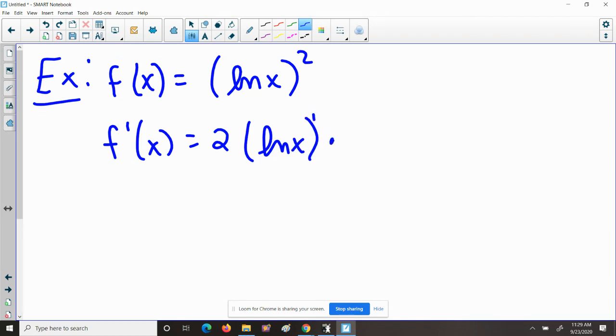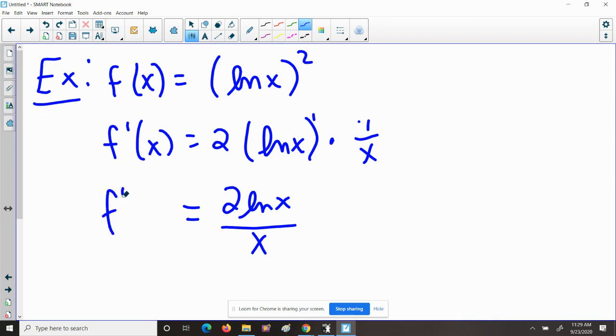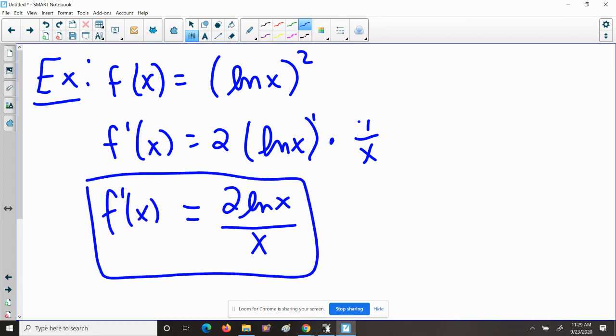And then we have to multiply by the derivative of what's inside. What's the derivative of natural log of x? That's 1 over x. So let's just simplify down a little bit. We have 2 natural log of x, and then the x can go on the bottom because we multiplied by 1 over x. So that would be our final equation for the derivative.